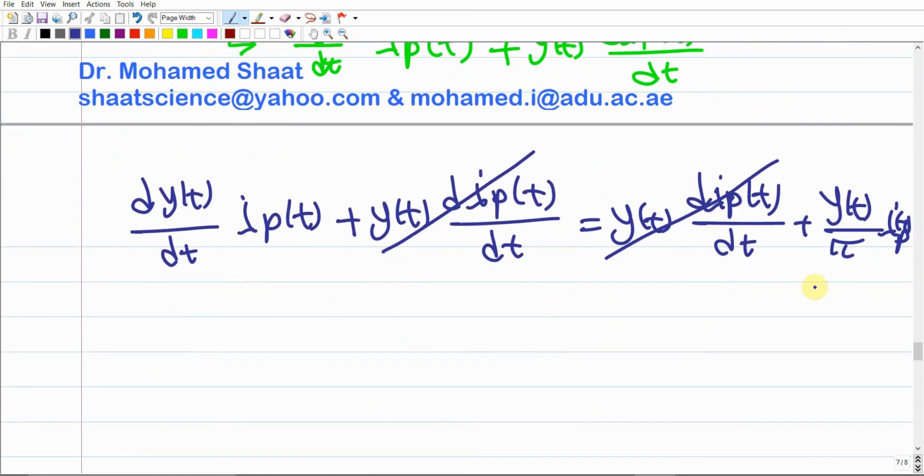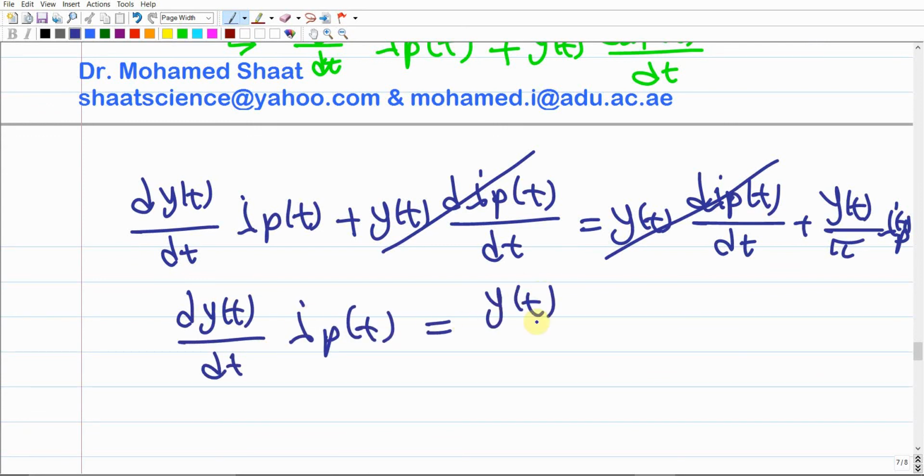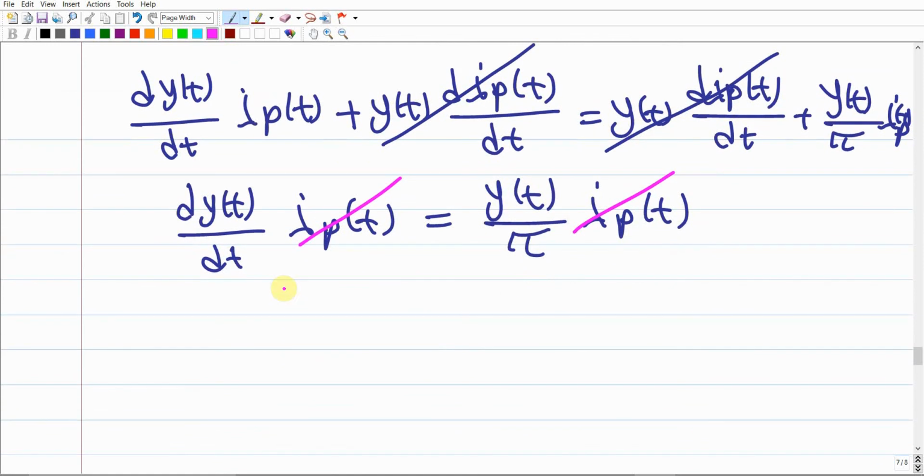So we end up with dy of t by dt times I_p of t equals y of t over tau times I_p of t, right? Also, this I_p can be cancelled with the I_p if you divide both terms. So we end up with this equation.